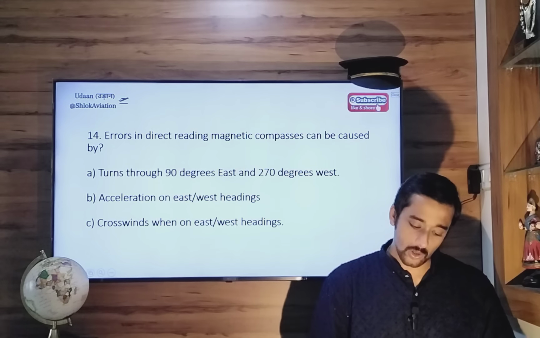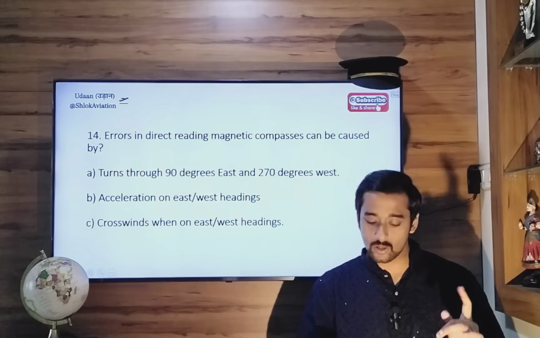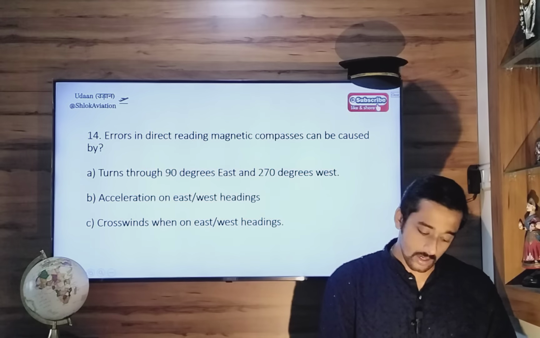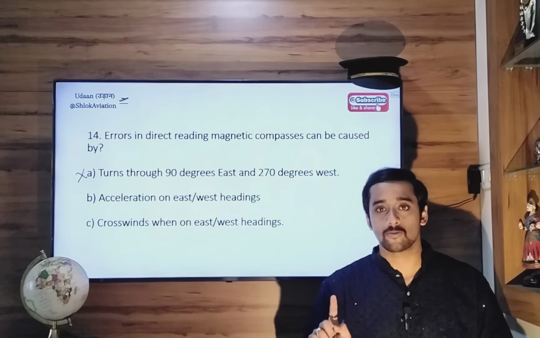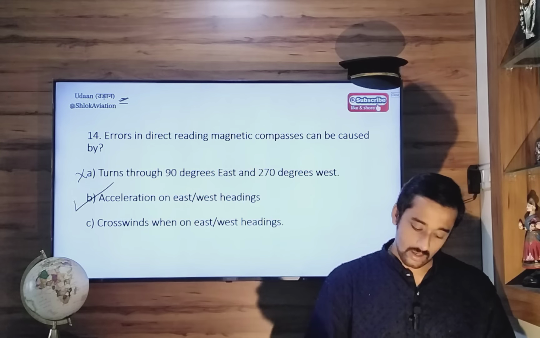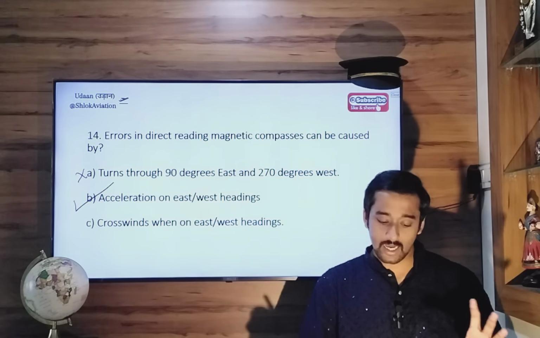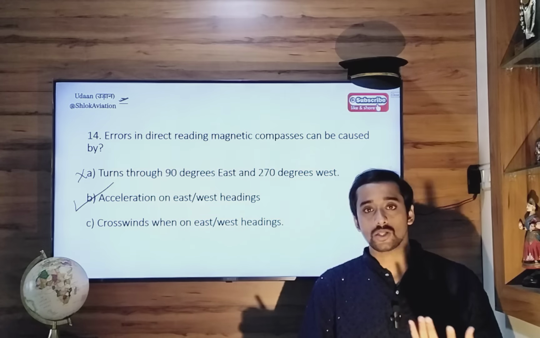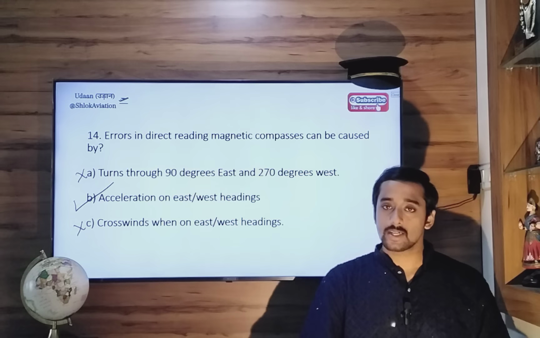Remember this fact. Errors can be caused by turns through 90 degrees east and 270 degrees west? That is wrong. Turning errors are caused through north and south. Acceleration on east and west headings, yes. Crosswinds when on east and west headings, no. Crosswinds do not cause any kind of compass error. They will cause drift, but not error in the magnetic compass. So option B is the correct answer.